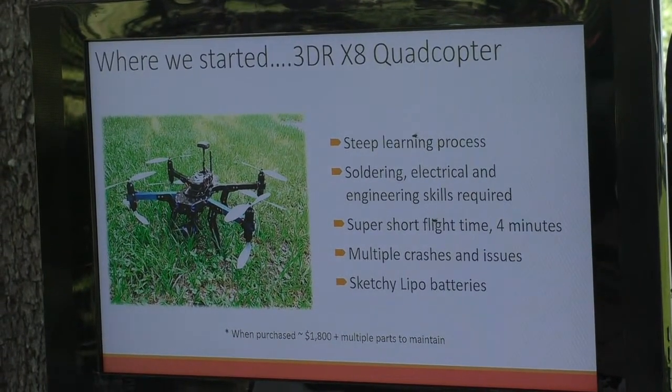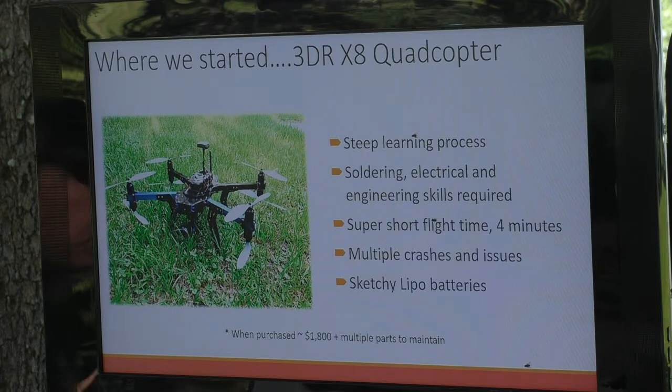And the batteries, what I call very sketchy. They're called LiPos, and they're like these bricks, but if they get swollen and punctured, they're going to blow up like a little bomb. If you crash really hard, it's probably going to blow up the whole drone. So they're just really sketchy and expensive. When we got this, it was about $1,800 in 2014.